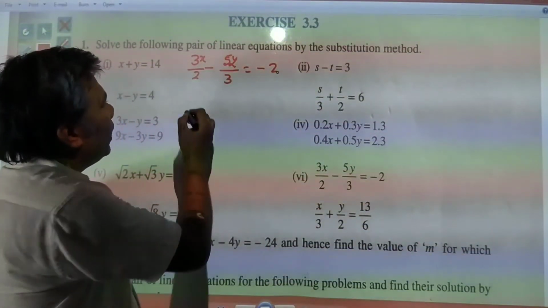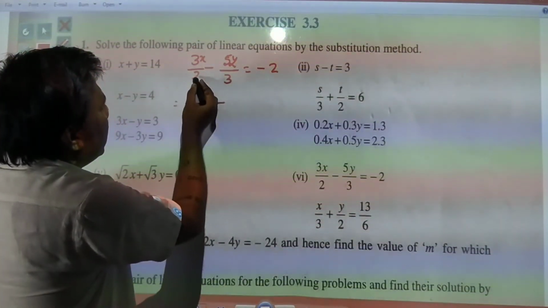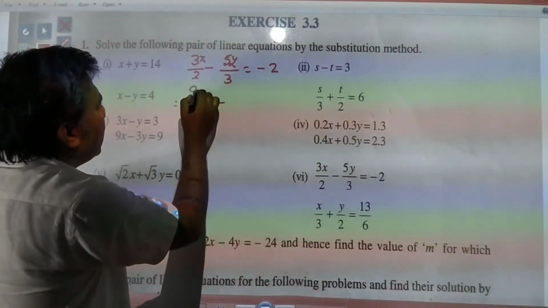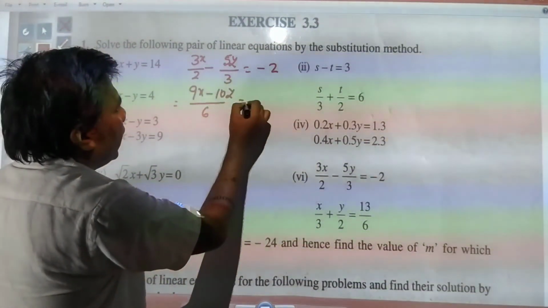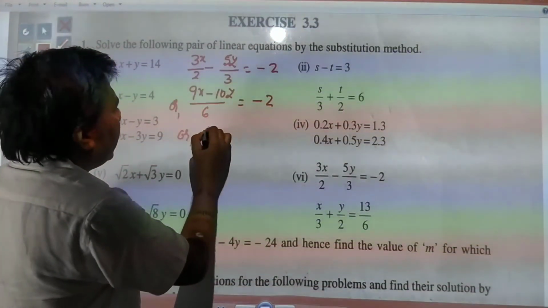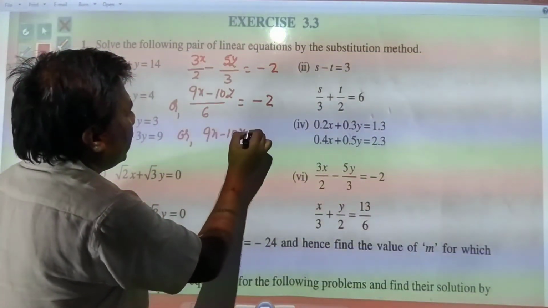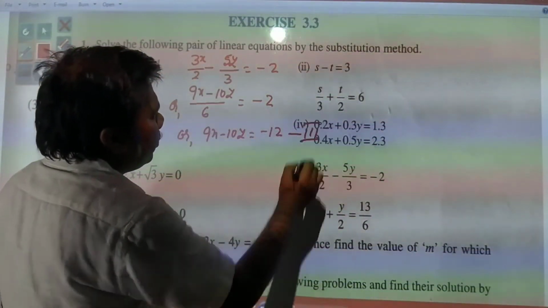If you are simplifying this, what will you get? Your LCM will be 6. Here 2 3s are 6, 3 3s are 9x, minus 3 2s are 6, 2 5s are 10y, and that is equal to minus 2 into 6, 2 6s are 12. Or it can be written as 9x minus 10y is equal to minus 12. Suppose this is your third equation.